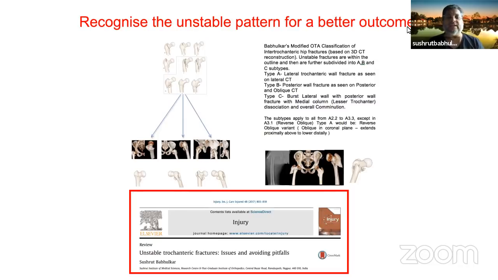See, the importance of the lateral wall, people have still unfortunately not completely understood. It's not only a broken lateral wall, it is also the deficiency of the lateral wall. Even the latest classification which AO has put forward tells how the lateral wall should be measured: from the base of the greater trochanter, putting a 135 degree tangent to it, and the thickness of that lateral wall should be at least a certain numerical value.